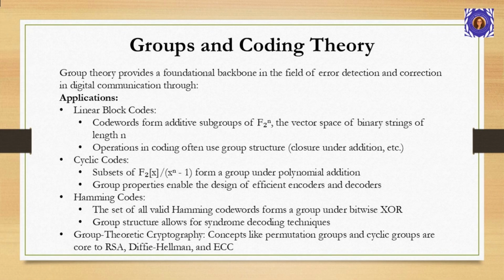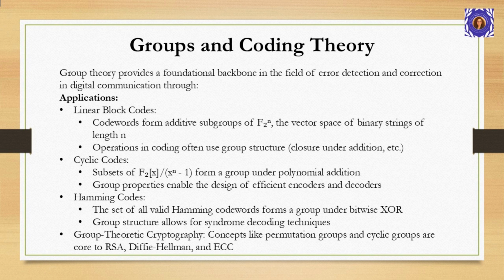Group theory provides a foundational backbone in the field of error detection and correction in digital communication. In linear block codes, codewords form additive subgroups of F sub 2 to the power n, the vector space of binary strings of length n. Operations in coding often use group structure, including closure under addition.